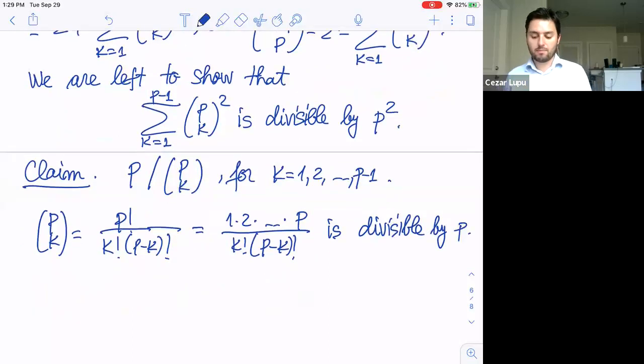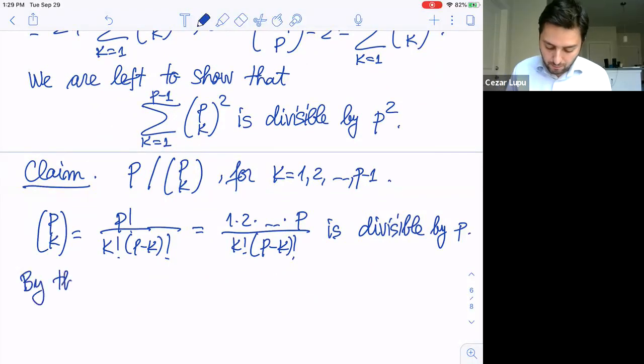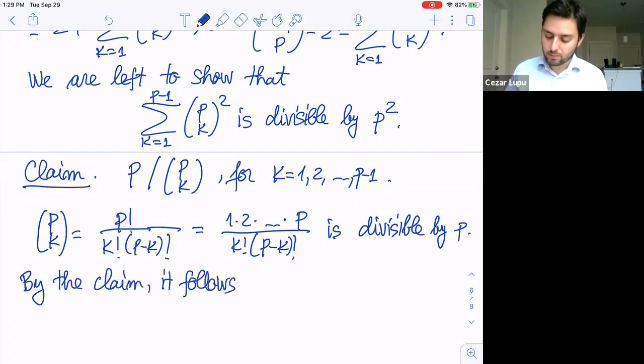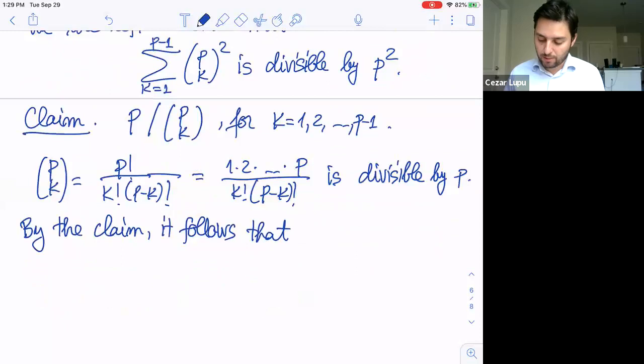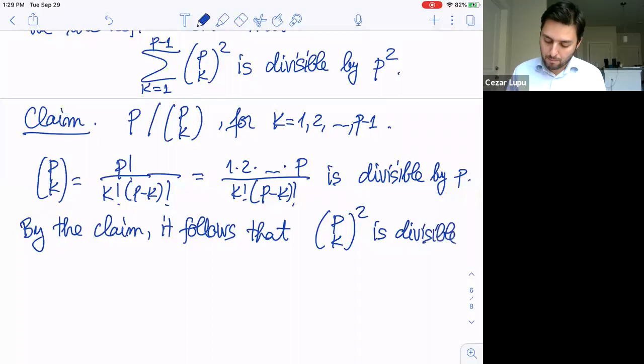So by the claim, it follows that p choose k squared is divisible by p squared.